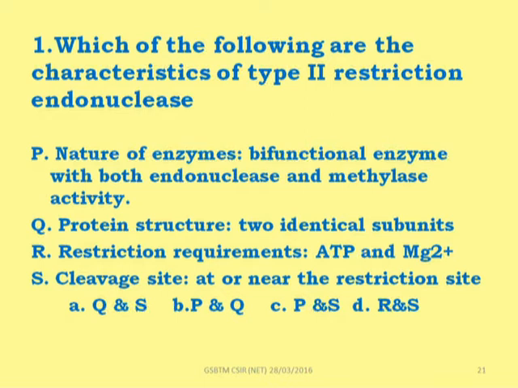Yes, type 2 restriction enzyme always recognizes the site and can cut the DNA at or near the restriction site. So if we see the options, then Q and S is right. Q means protein structure has 2 identical subunits, and cleavage site at or near the restriction site is right. So option A is correct, Q and S.